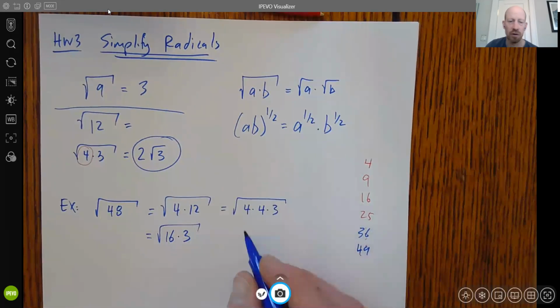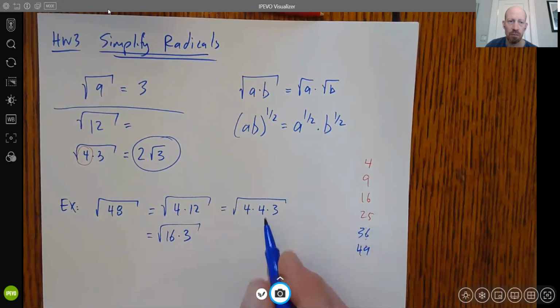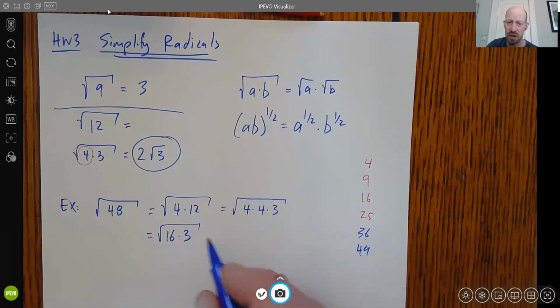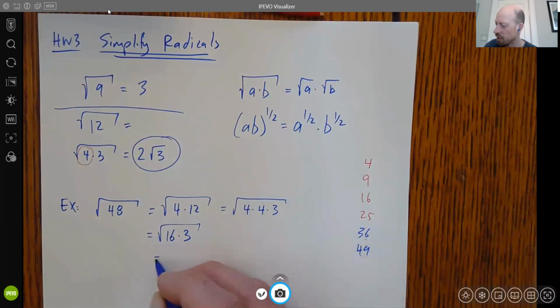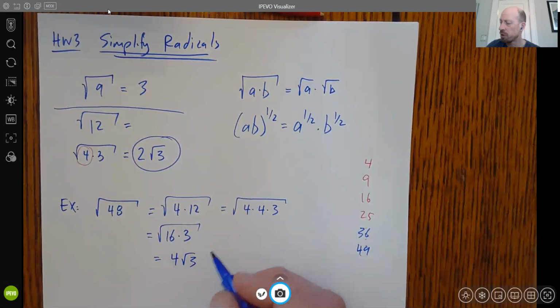But you could also write 12 as 4 times 3 and simplify it here in 2 stages. So either way, you're going to get the same answer here. This is going to be 4 square roots of 3.